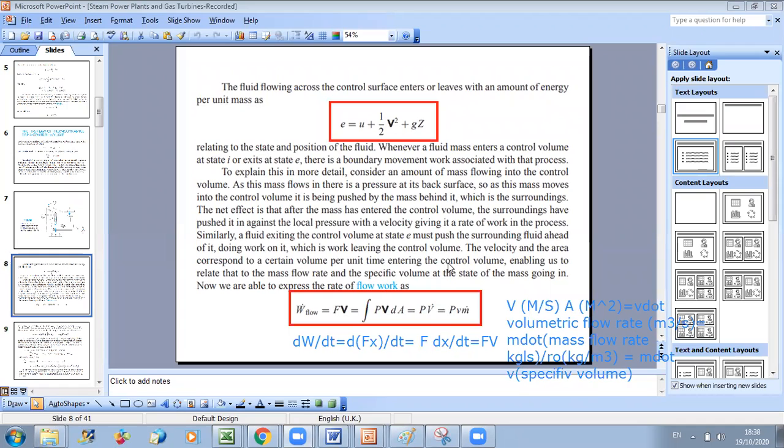So we will see that the work flow that is entering or leaving can be computed as P times specific volume times m dot. Any question until here? Okay, so let us continue now.